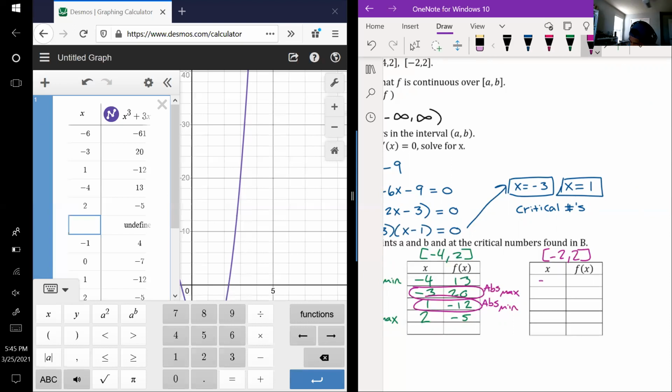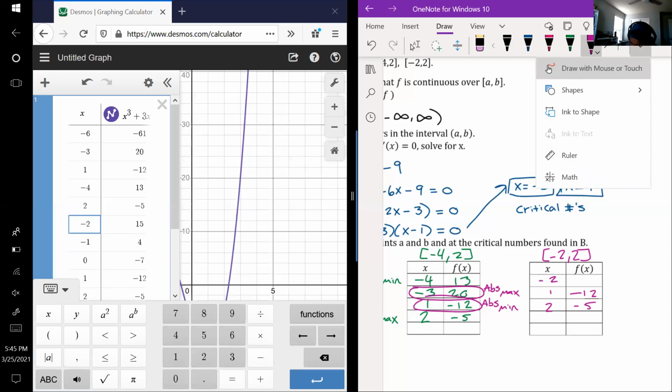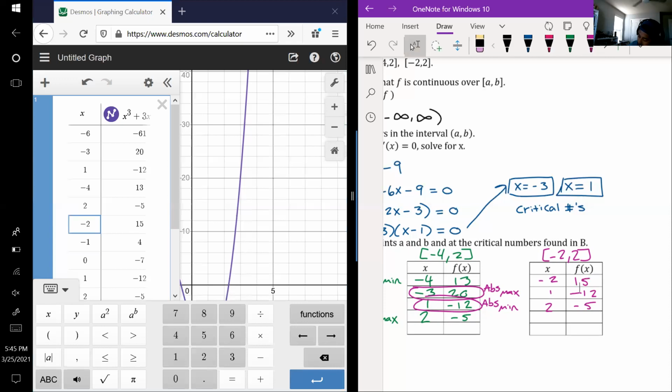So we'll just have -2, 1, and 2. And we know the value of 1 and 2 from the chart to the left. You get -12 and -5. And then we know the value of -2, or we don't. I'll type it in over here. We don't. -2 gives me 15.